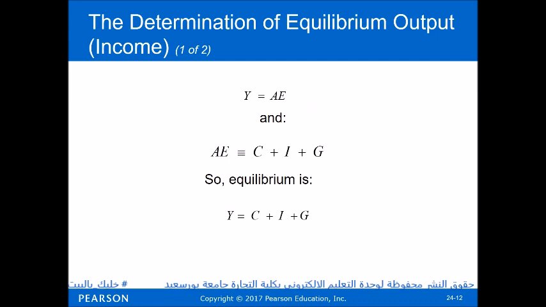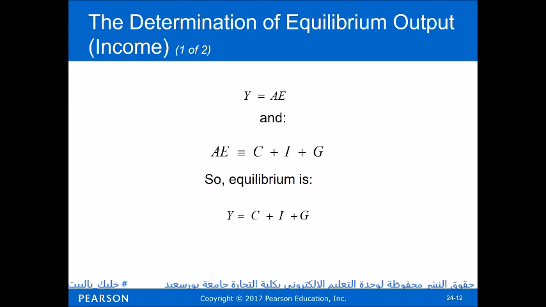Using the first approach, the equilibrium level of output or income occurs when income equals aggregate expenditure, or using algebra, when Y equals AE. This is our equilibrium condition in this case.